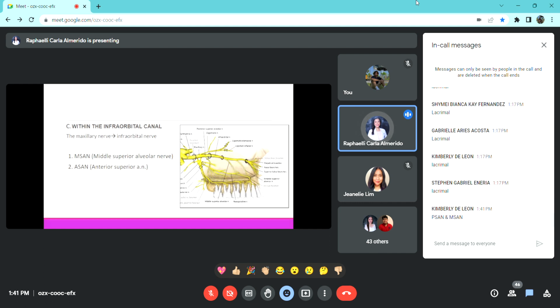Same tooth pa rin. Ano yung kaninang sabi natin? What nerve? Is it the greater or some branch of a lesser palatine nerve? Greater palatine nerve, correct. Okay, so I hope you remember that.